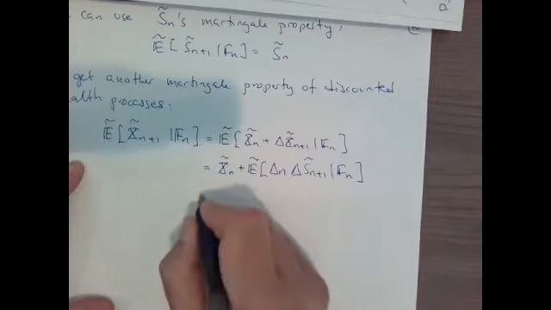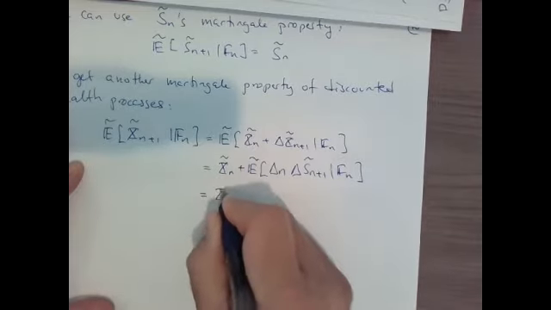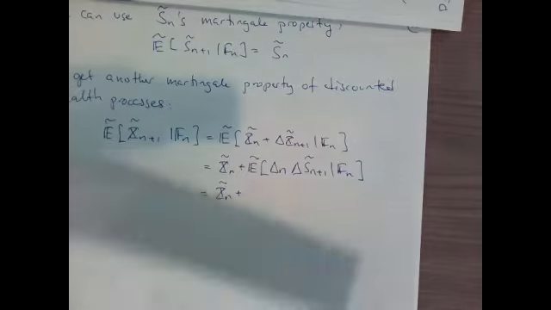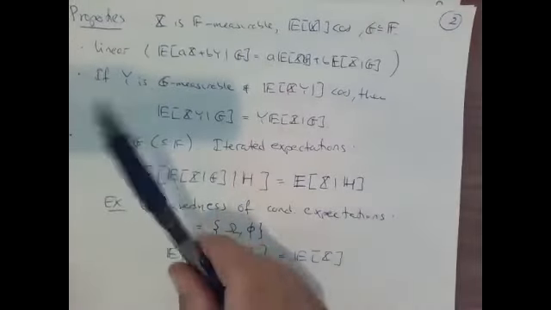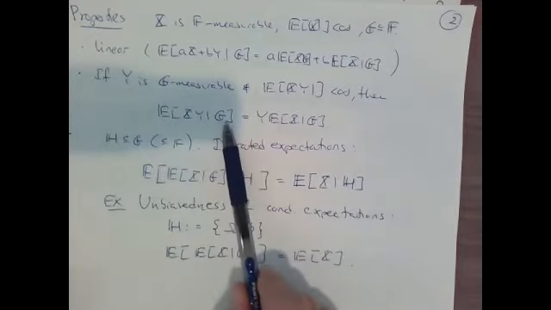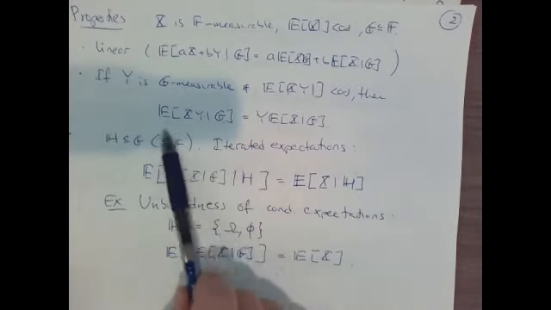And we can use this rule that we had, I think I already used it a few times today. If I have something that is already measurable with respect to what I condition on, that thing can just be pulled outside.